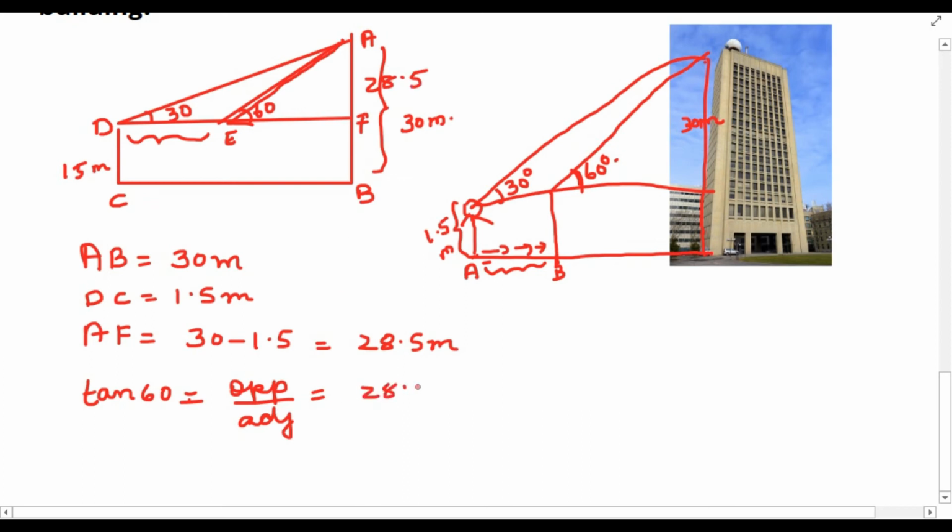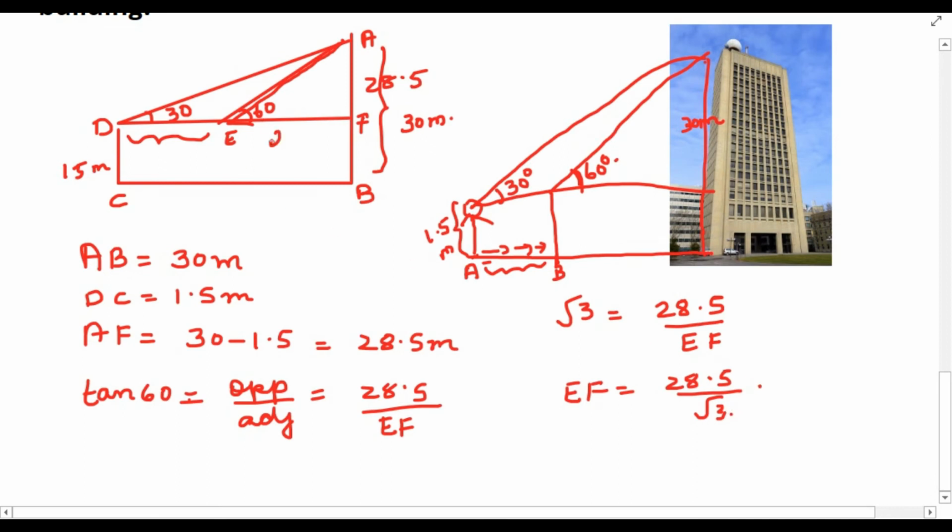So 28.5. Adjacent side we don't know. We'll write EF. And tan 60, we know the value of tan 60 is root 3. So substitute root 3 equal to 28.5 divided by EF, or EF is equal to 28.5 divided by root 3. So just now we got EF as 28.5 divided by root 3.